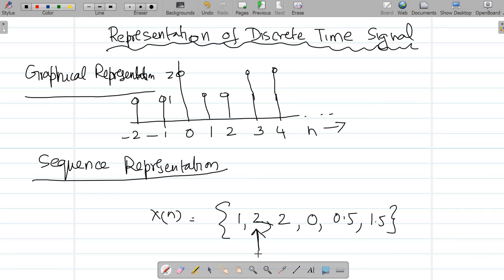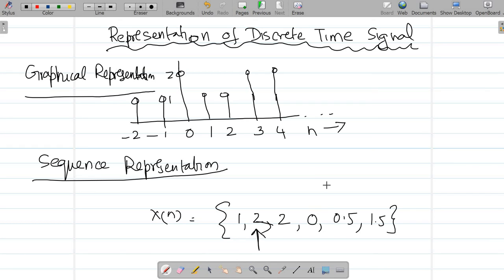If you see an arrow like this, it means that this particular sample is at the origin. So this is at n is equal to -1. This one is at n is equal to 1, and this one n is equal to 2. This is at n is equal to 3, and this sample is at n is equal to 4.